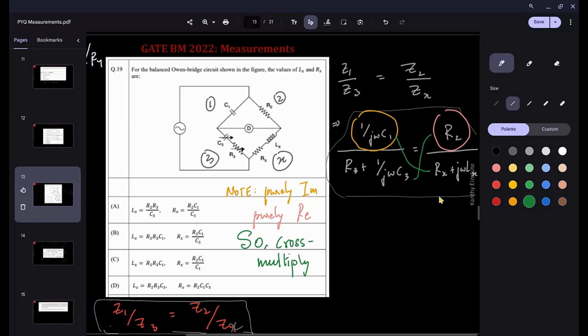Okay, so I cross multiply. Cross multiplying, what I get is, LHS. When I multiply in this is Rx by J omega C1.